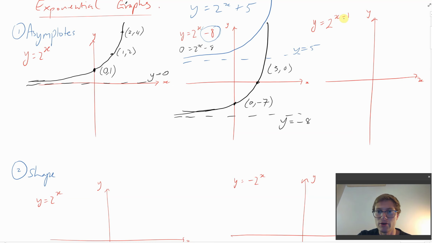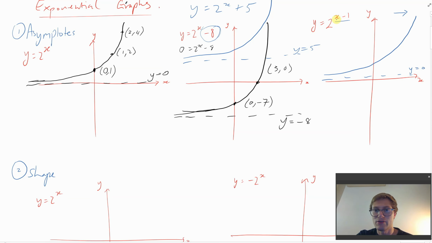On this third one, you'll notice the translation is actually going 1 unit to the right. The reason I include this is because it does not change the asymptote. The asymptote is still here at y equals 0 because it's only moved sideways, and you can't really move a horizontal asymptote sideways anywhere. It nevertheless does go in the positive direction, and so the graph will just look like this.